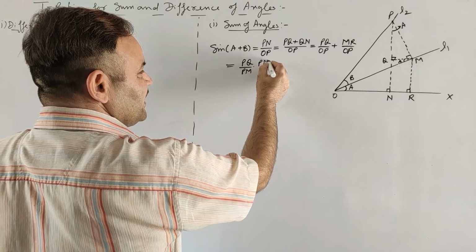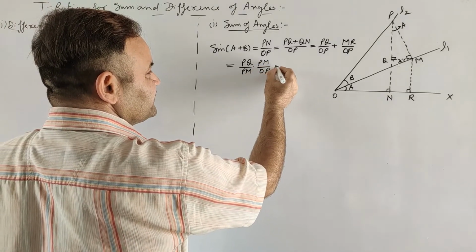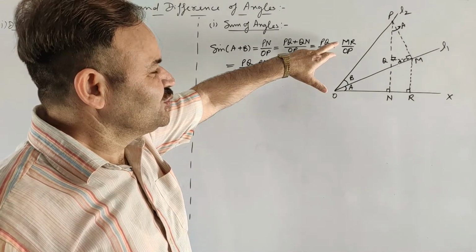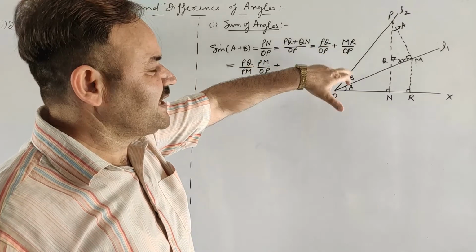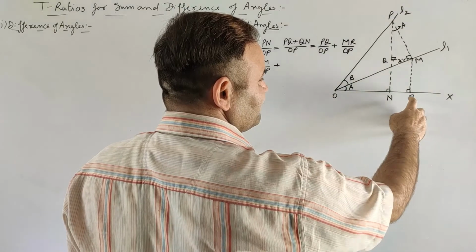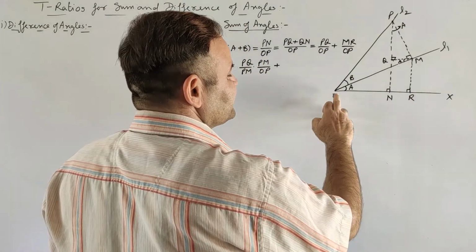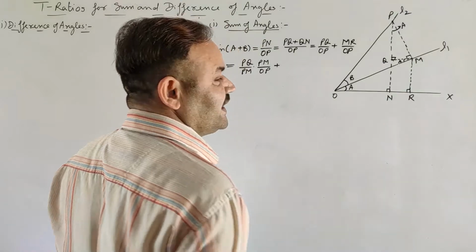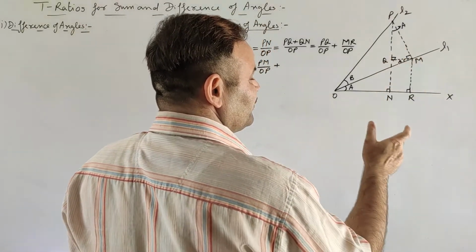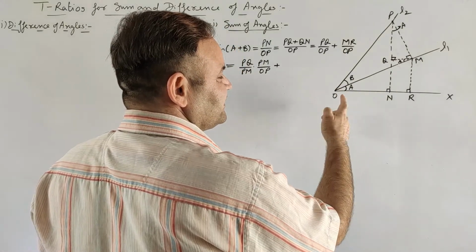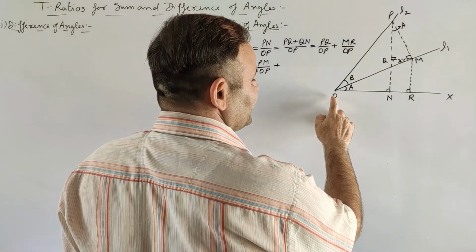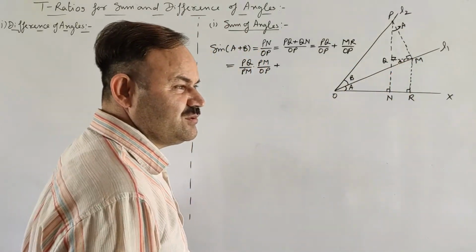Now again we will find out two triangles whose sides are MR and OP. MR is the side of triangle OMR and OP is the side of triangle OPM, and the side common to these two triangles is OM, because in OPM and OMR OM is common.